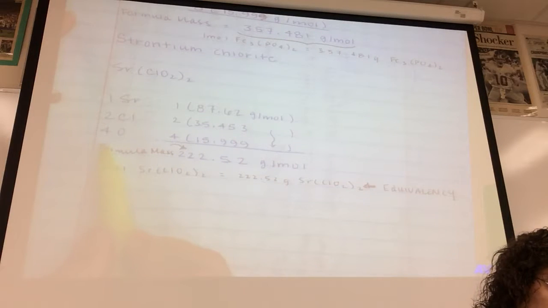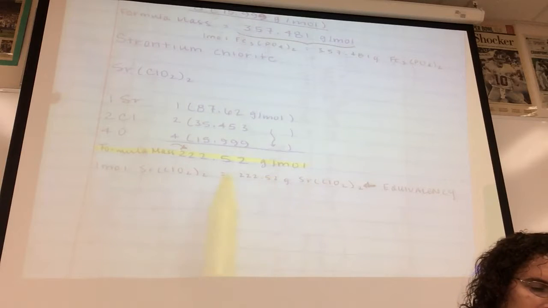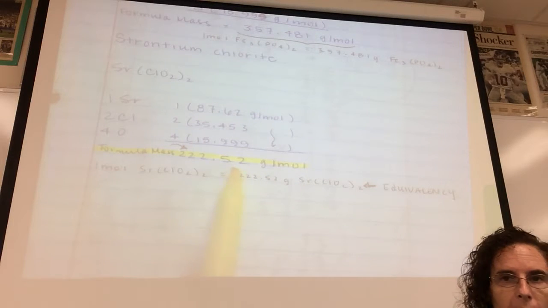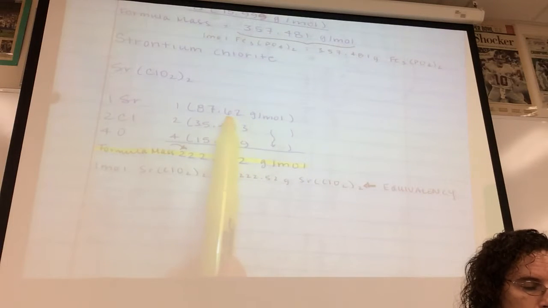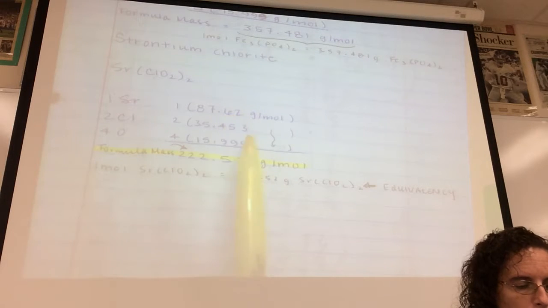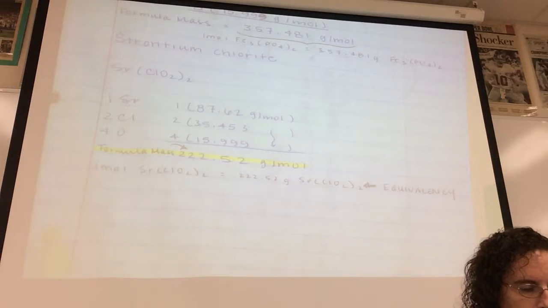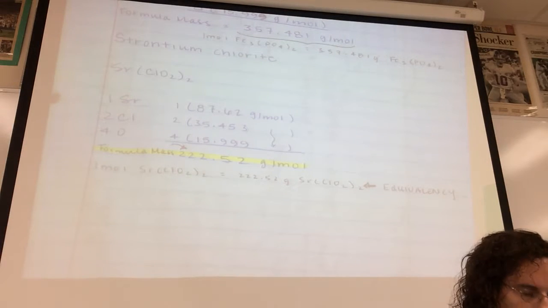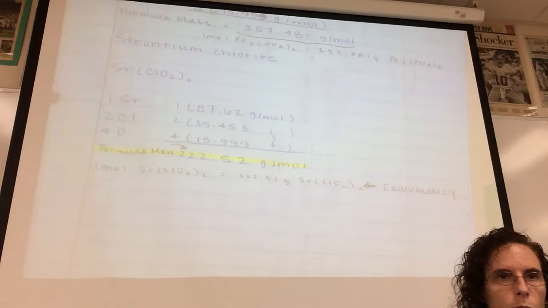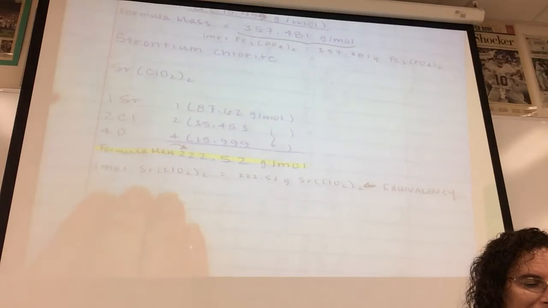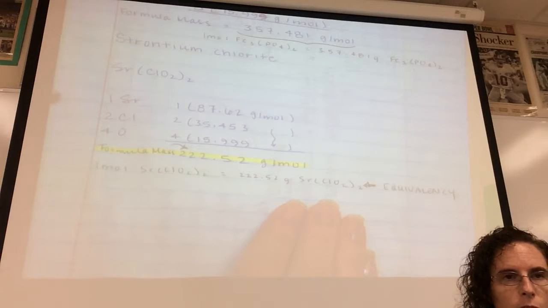Your formula mass for strontium chloride is right here. And I got down to 2 decimal places because the molar mass of strontium was to the 100th place. So I reported it as such. It's really not a big deal. All right? You're going to need the equivalency because that's what you're going to see in about 5 minutes.